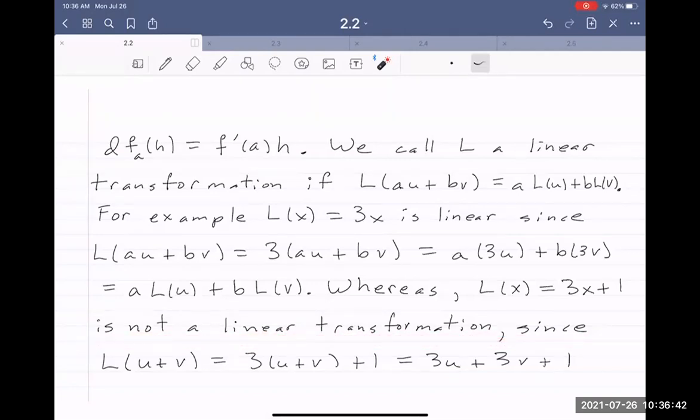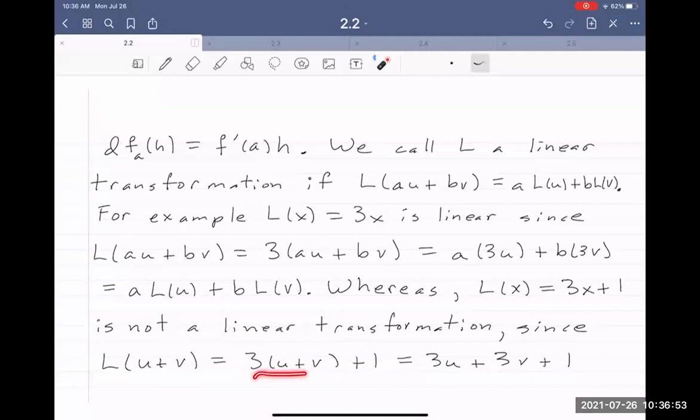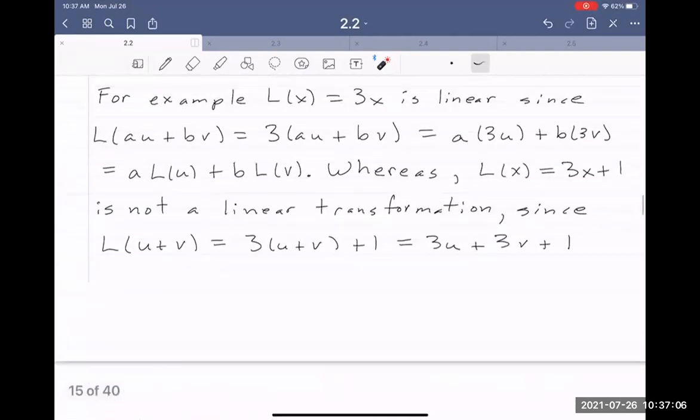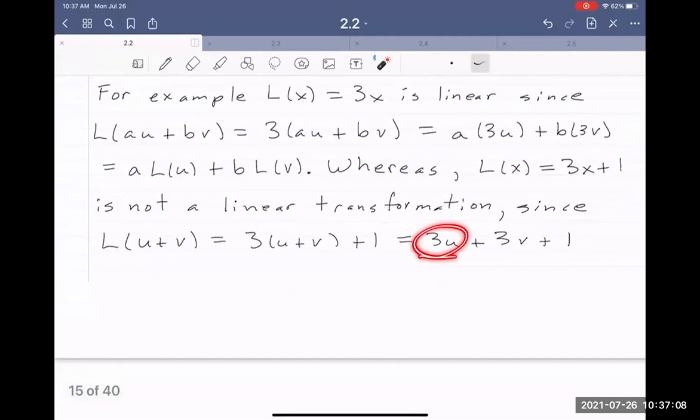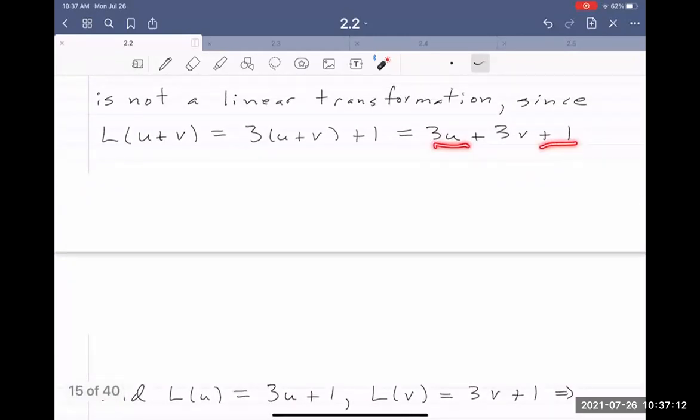So why? Well, let's check. Let's look at L of U plus V. Let's plug in U plus V here. And so we get 3 times (U plus V) plus 1. We apply the 3 inside the parentheses, so I get 3U plus 3V plus 1. Okay, so let's look at L of U. Well, L of U is 3U plus 1.